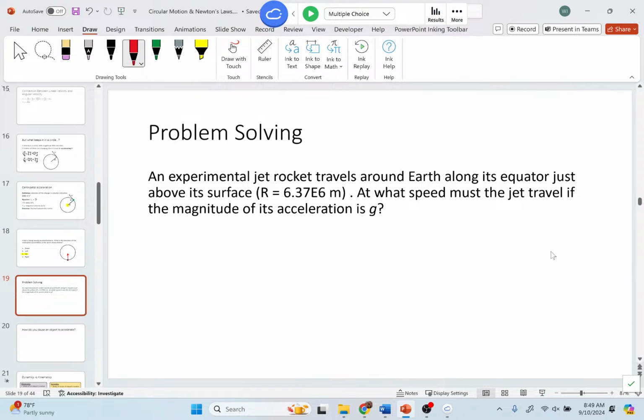Technically the rocket could be speeding up, so in that case it could have an acceleration in addition to the centripetal acceleration. That's one of the really interesting things about orbits, because it's not falling.